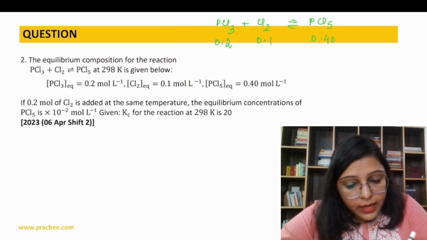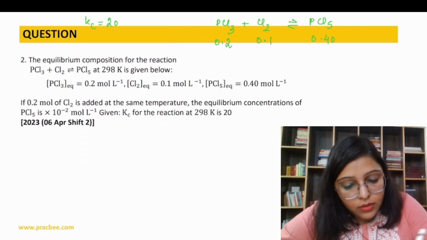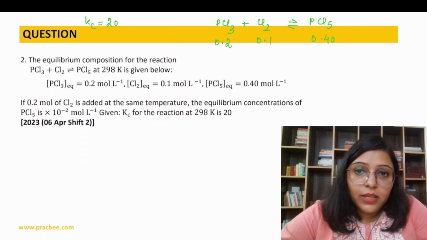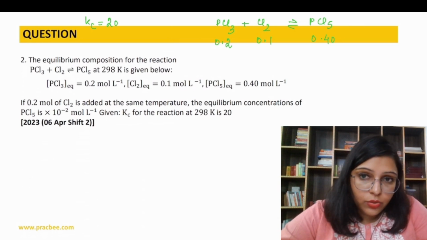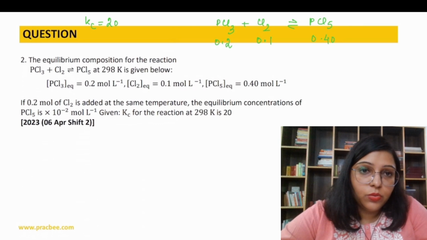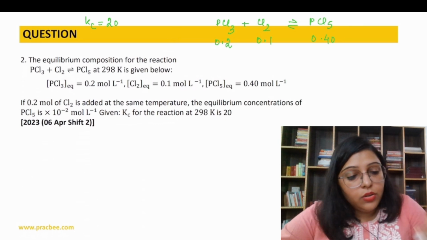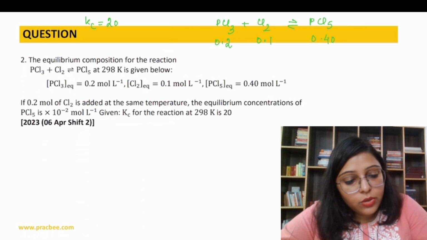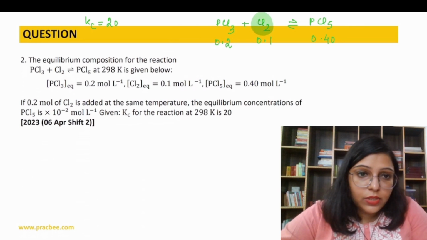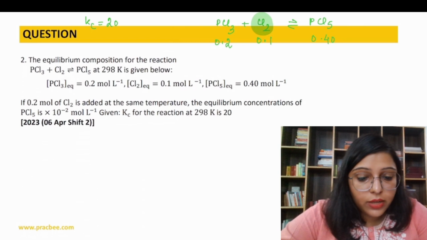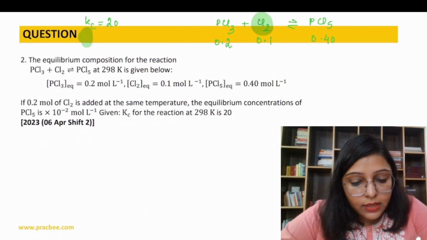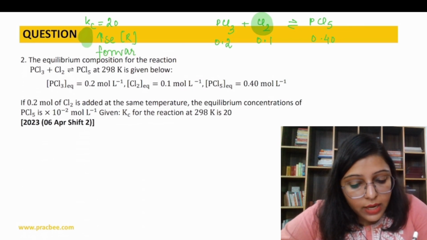Kc is given 20. Now the question says if you add 0.2 mole of Cl2, then what happens? You increase the concentration of Cl2, and if you increase the concentration of a reactant, then the reaction moves in the forward direction, right?